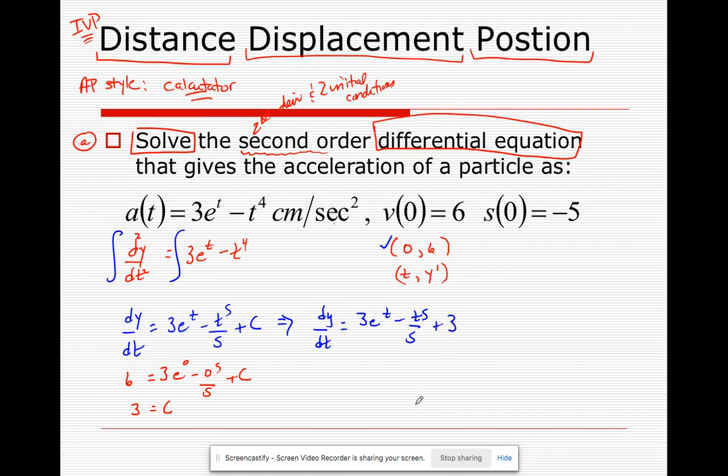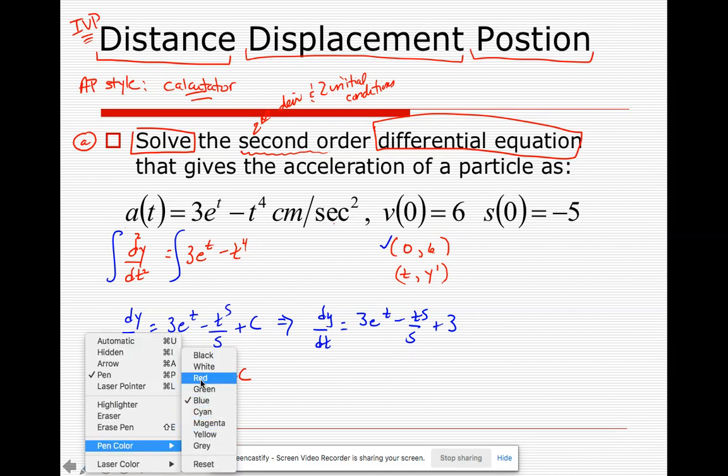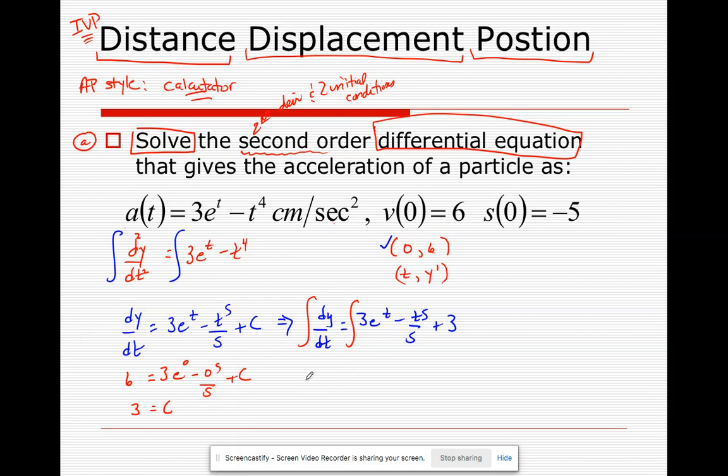looks like this, but I want my position equation. What do I do? Anti-differentiate again. Plus c. Now use (0, -5), when t is 0 and y is -5.